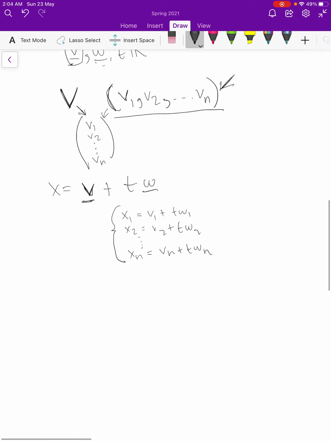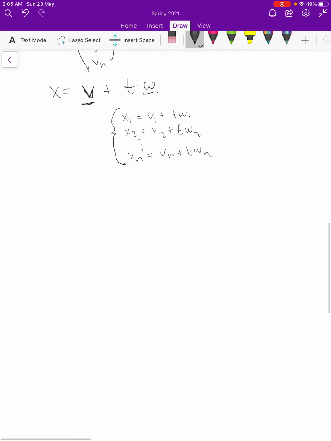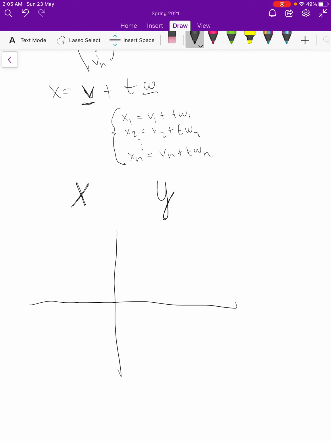Now, there's another idea that I can quickly explain, and it's if we're given two vectors or two points on the line, say we have a point x on the line and a point y on the line, we can actually find out the equation of the line that it's on. How would we do this?